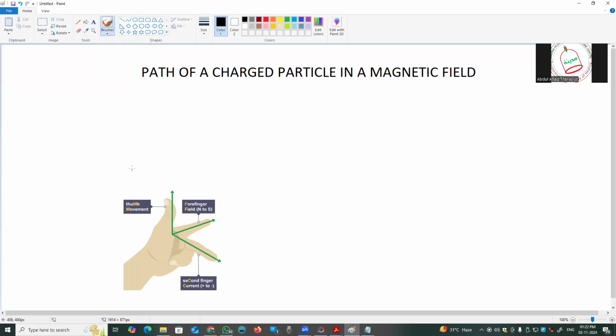The index finger shows the direction of the magnetic field, and the second finger shows the direction of the current, right? When the magnetic field and the current are perpendicular to each other, they will experience an upward force, which is represented by the thumb, right?